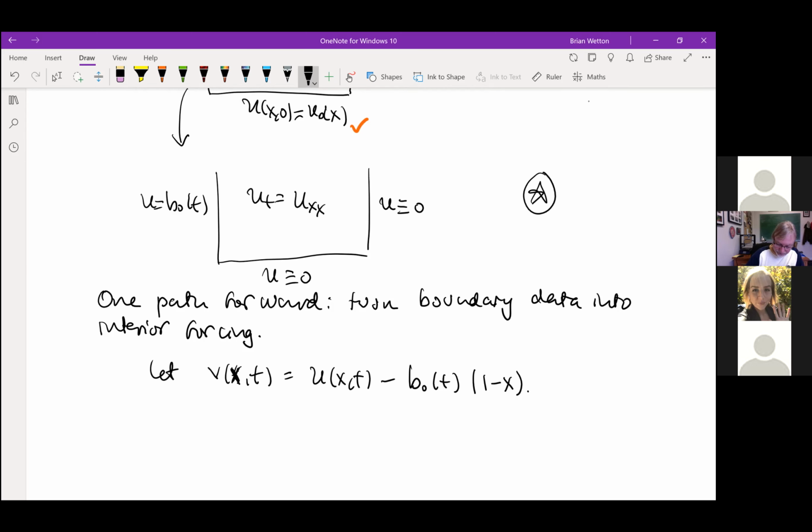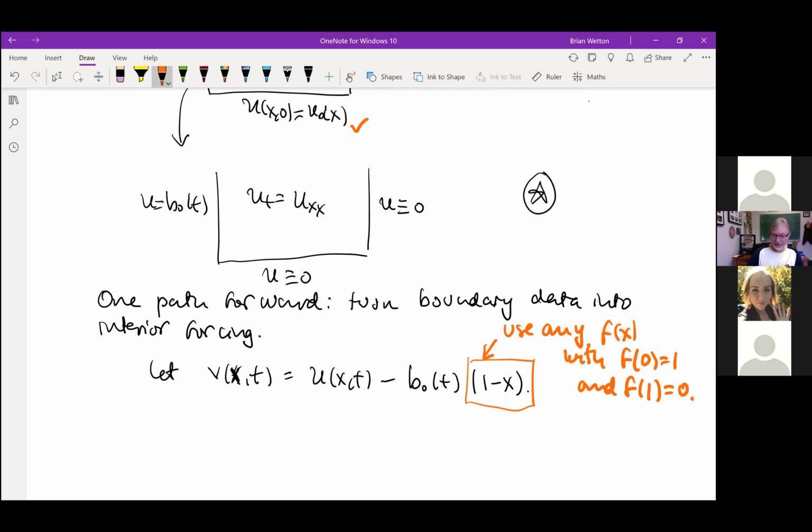So this is the obvious choice in this problem, right? For the term as a function of x, but you could use any function of x with f of 0 equals 1 and f of 1 equals 0.